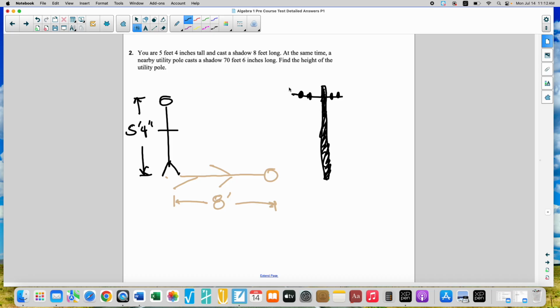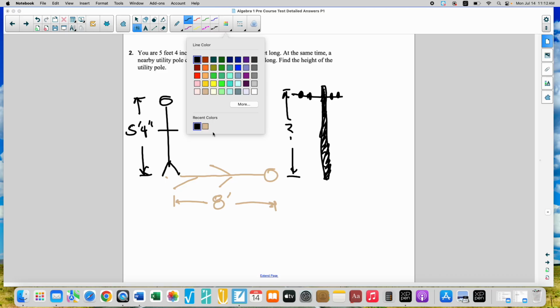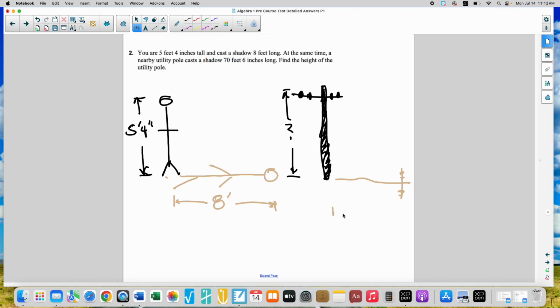We don't know how tall this utility pole is. Its shadow is, I think it was 70 feet 6 inches.